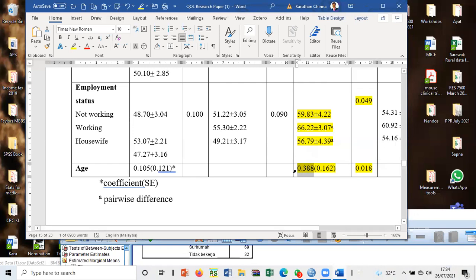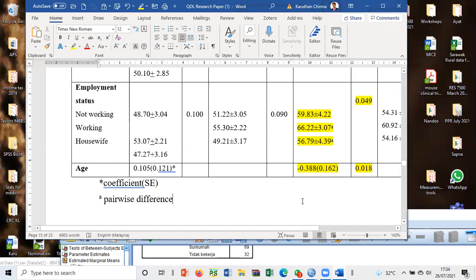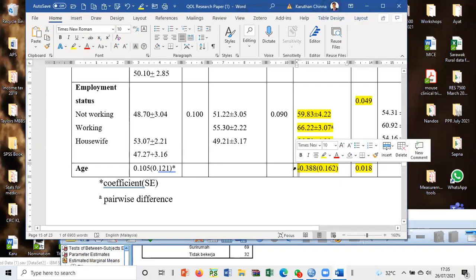This negative, anybody say? Younger. If this is negative, younger. The older they are, the lower the social dimension, isn't it? Right? So generally, who's better off socially, older people or younger people? We don't know. The things are changing, right?